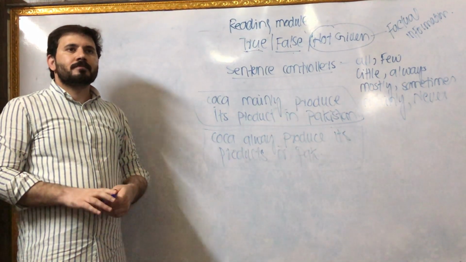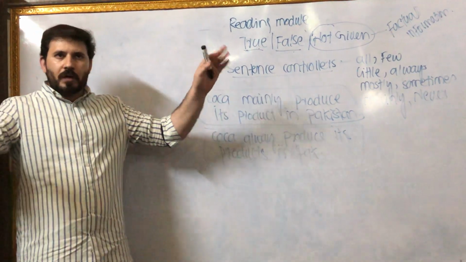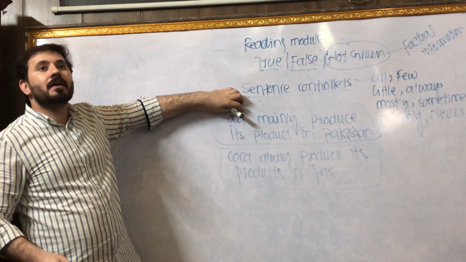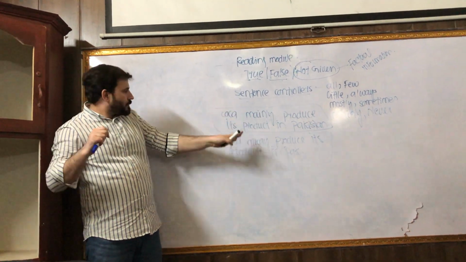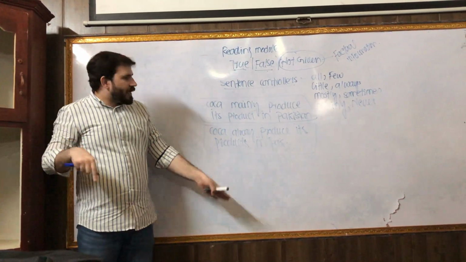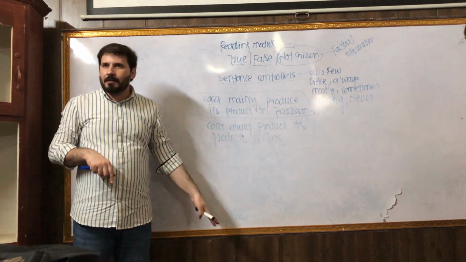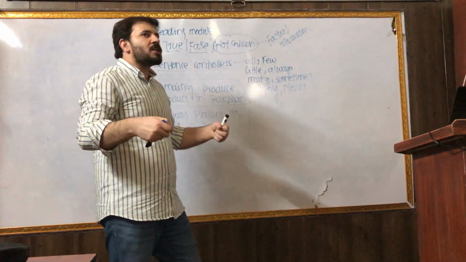For example, look what I say. This is the question given to me. And this is what you find in the passage. They ask you, Coca-Cola mainly produces its products in Pakistan. This is the question, and they want to ask you whether this is true, false, or not given.